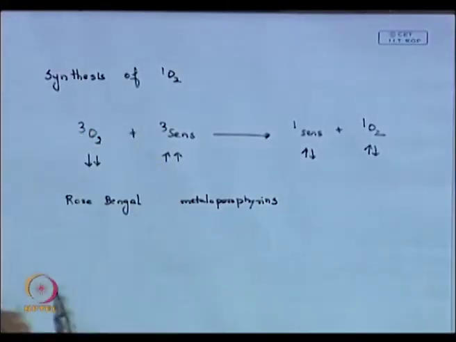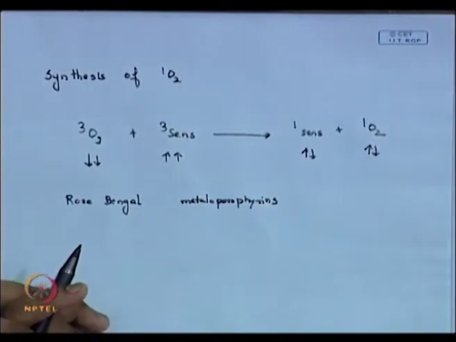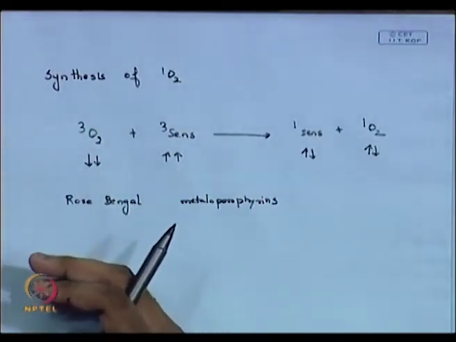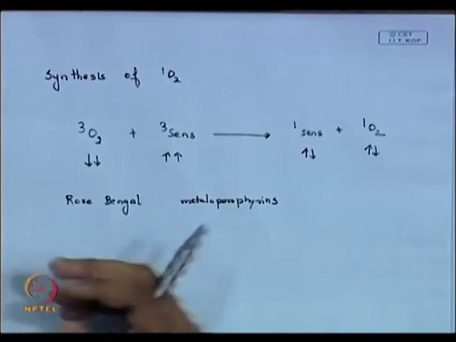This is one common method, which we call photosensitization, by which you can generate singlet oxygen using sensitizers. Nothing big, you just take the system with oxygen, put in your rose Bengal, keep it in the light, you get singlet oxygen, that is all. Nothing more to do on that.